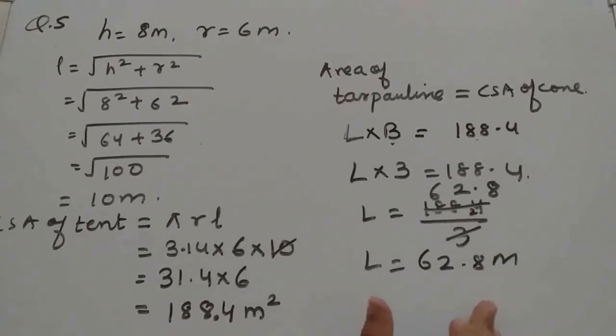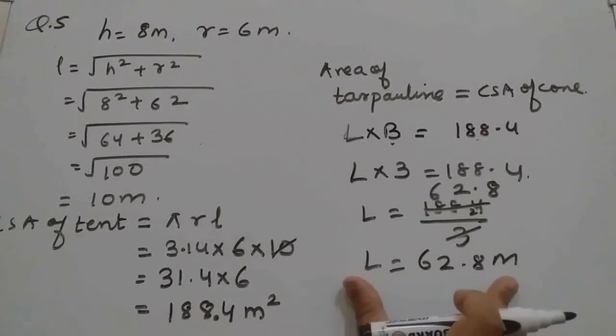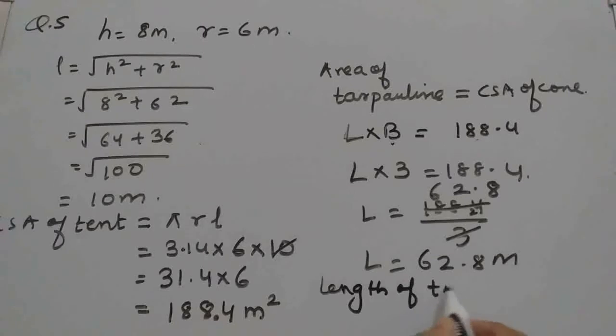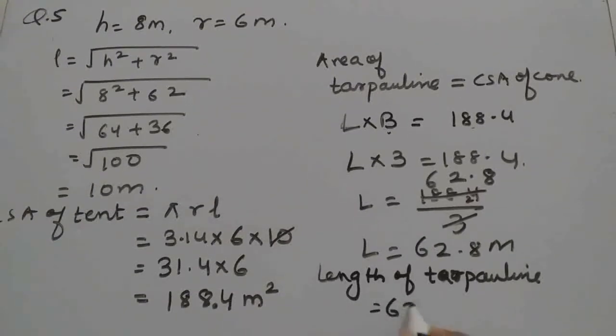Then one more condition is given. Assume that the extra length of the material required for stitching margin and cutting is 20 centimeter. So this much is the actual length required. For margin, for cutting and stitching, 20 centimeter is extra. That means we should add. So the length of tarpaulin is 62.8 plus 20 centimeter.